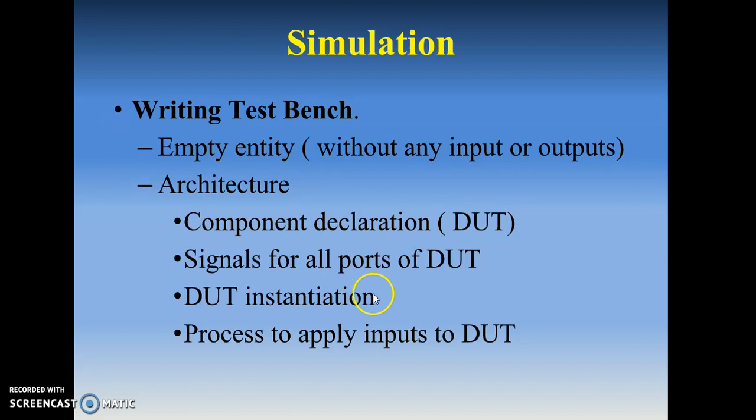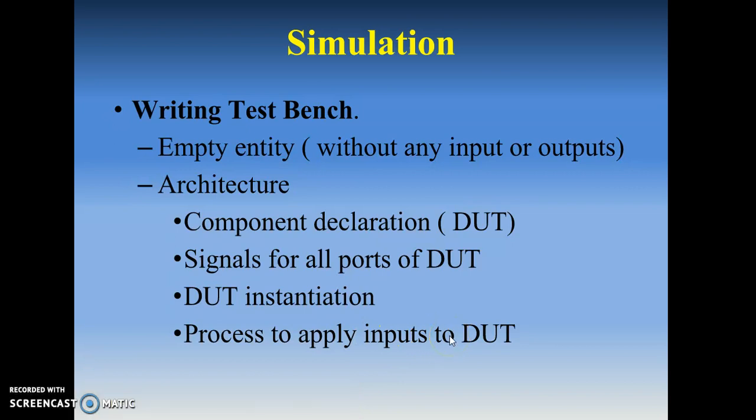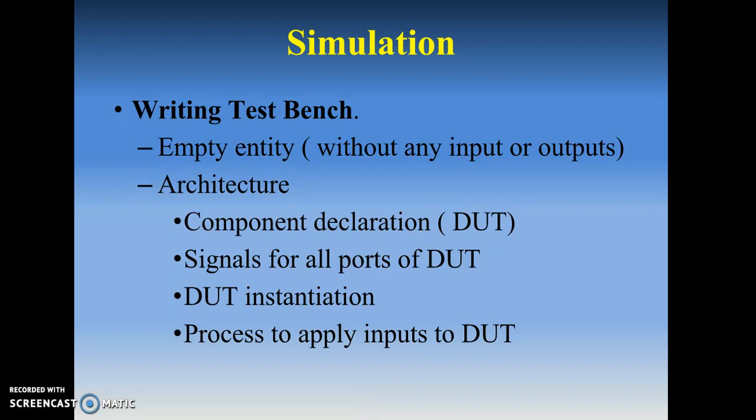We should instantiate the DUT in the architecture of the test bench, and we should use a process to apply inputs through the signals to the DUT. So this is the structure of a typical test bench architecture, which will always have component and signal declarations, DUT instantiation, and a process to apply inputs to the DUT with appropriate time parameters.